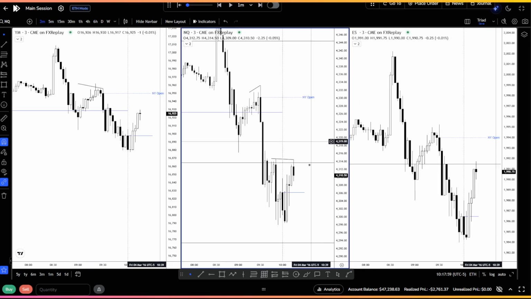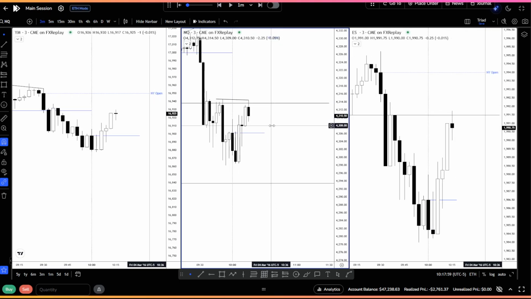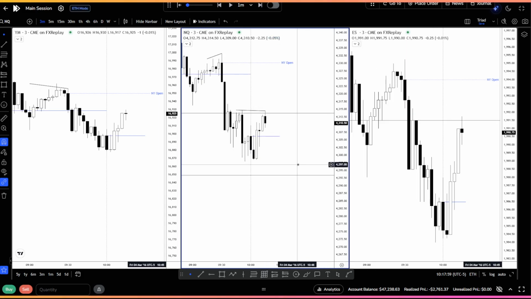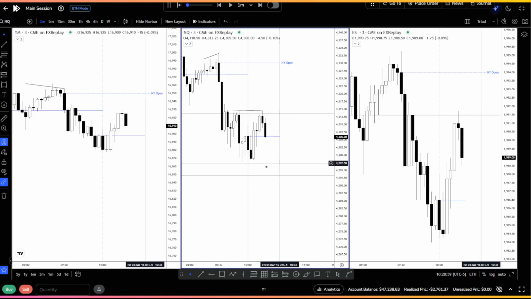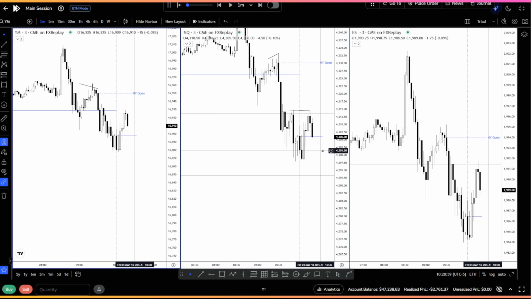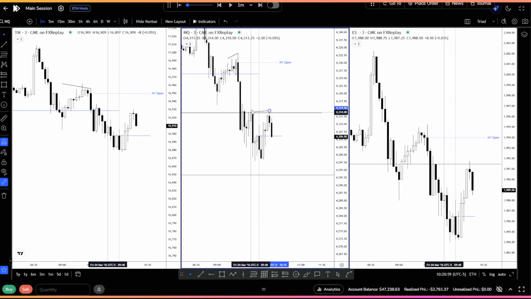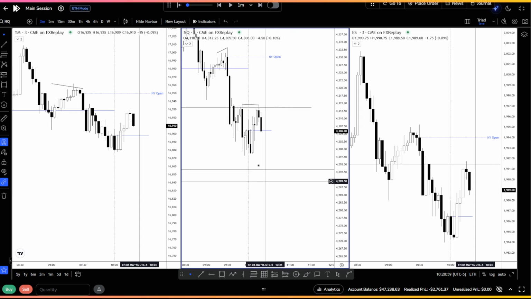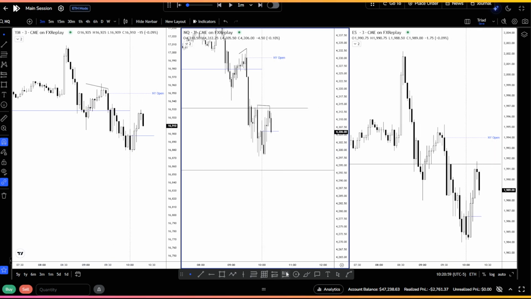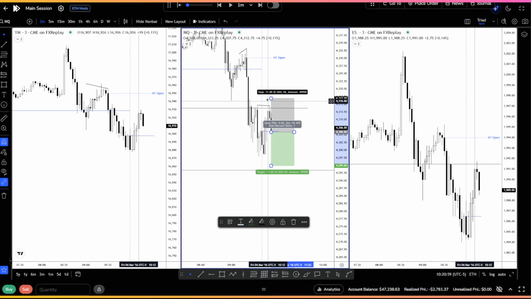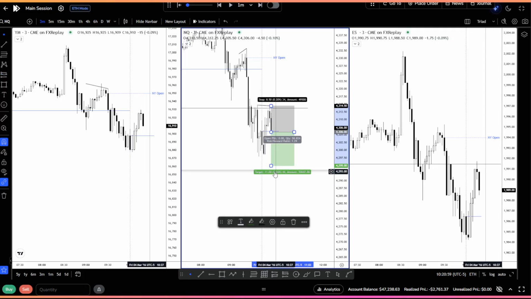Where do I get the CSD? I get CSD here. Let's see if I get it anyway. I do get that SMT on NQ. I do get that CSD on NQ. Should I take it? I guess I should, to this low. Range high pairing to range low.